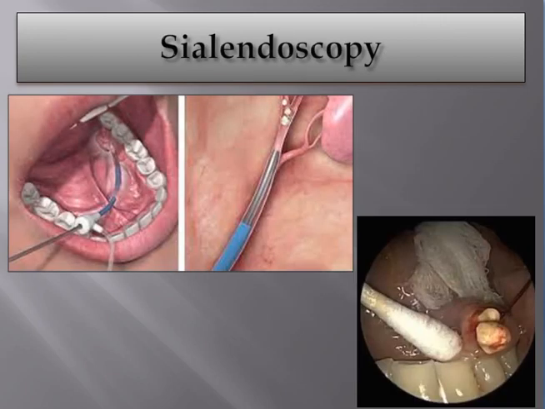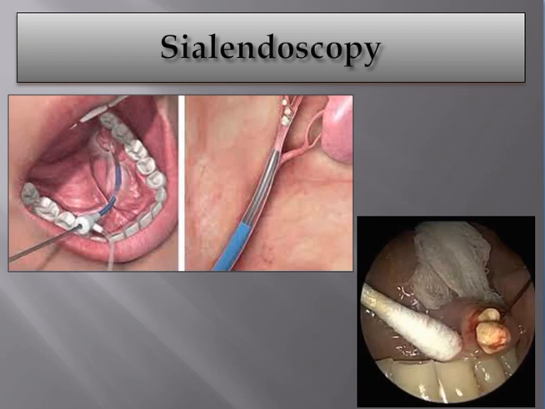Sialendoscopy allows for direct visualization of the salivary stones and the salivary ducts, thus providing excellent sensitivity and specificity. In addition to aiding the diagnosis of sialolithiasis, clinicians increasingly use sialendoscopy for therapy and stone removal, given the advancement in endoscopic technology.